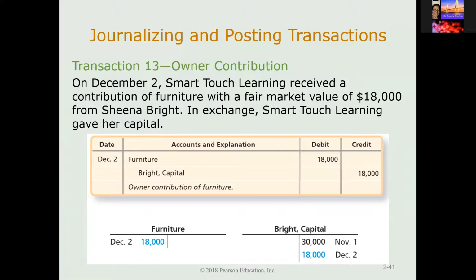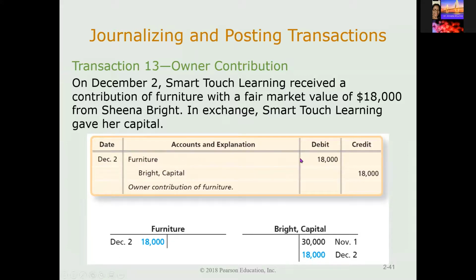Transaction 13. On December 2nd, Smart Touch Learning received a contribution of furniture with a fair market value of $18,000 from Sheena Bright. In exchange, Smart Touch Learning gave her capital. The two accounts involved here are furniture, which is an asset, and Bright Capital, which is equity.